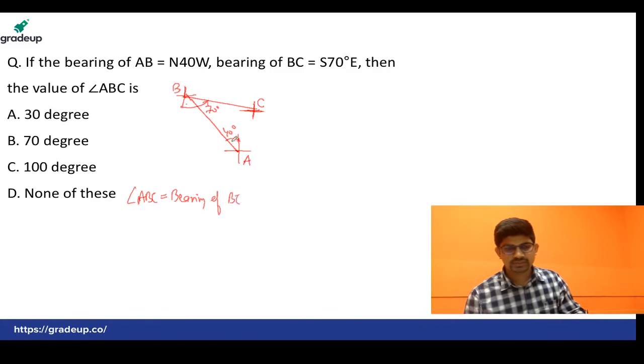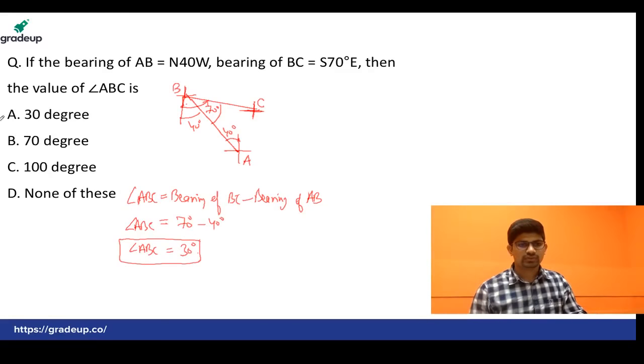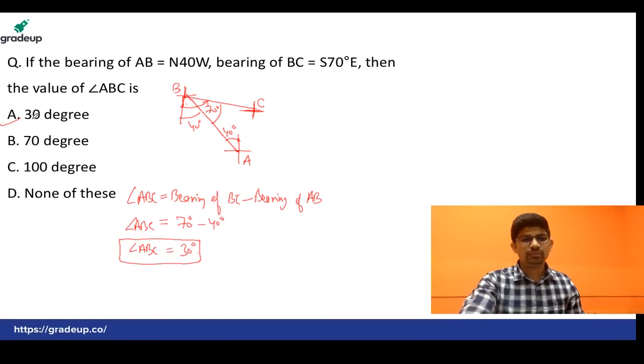Since this is 40 degree, angle ABC will be the bearing of BC minus the bearing of AB. That is equal to 70 degree minus 40 degree, which is 30 degree. So A is the correct option to this question. I hope you have got it correctly.